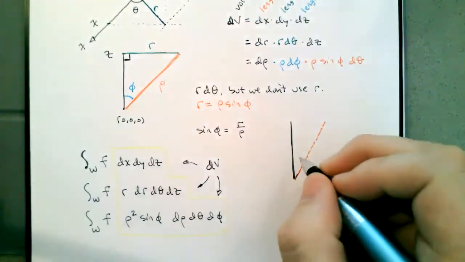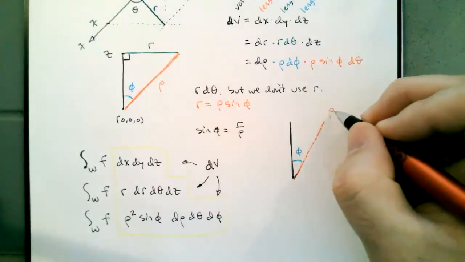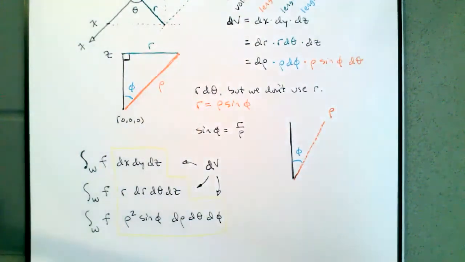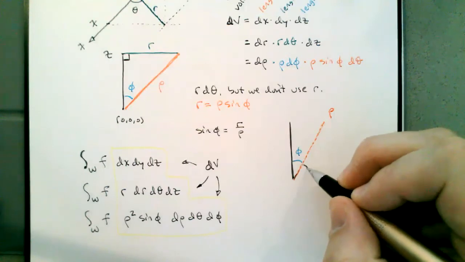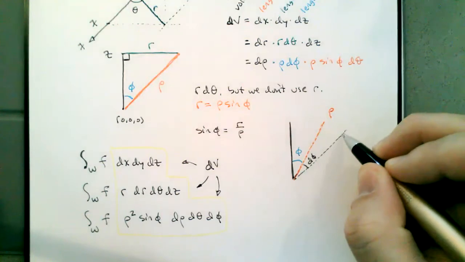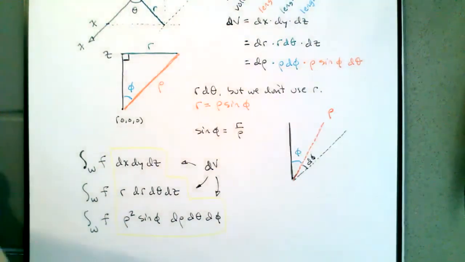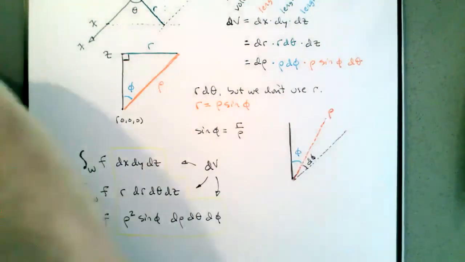Phi is going to be this angle, and rho is going to be that length. The d phi is going to be some small change in phi. So we're making an arc, and what we want is to approximate an arc length over d phi.